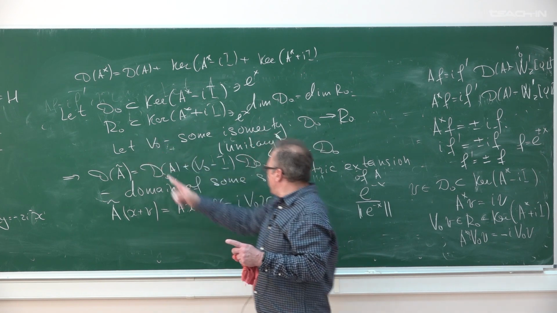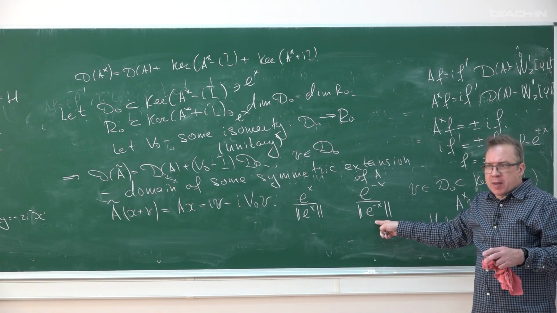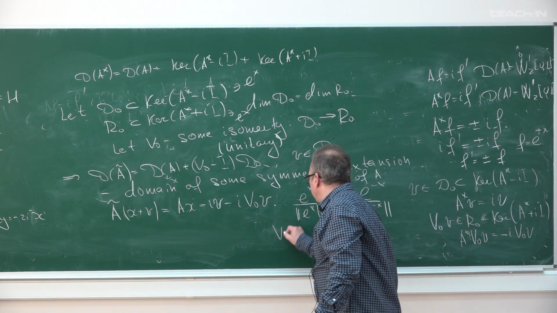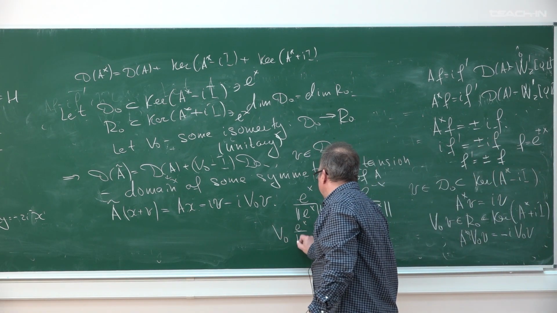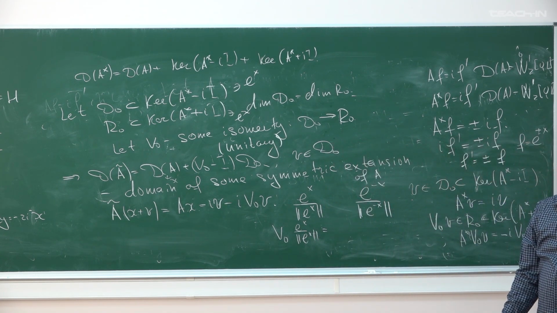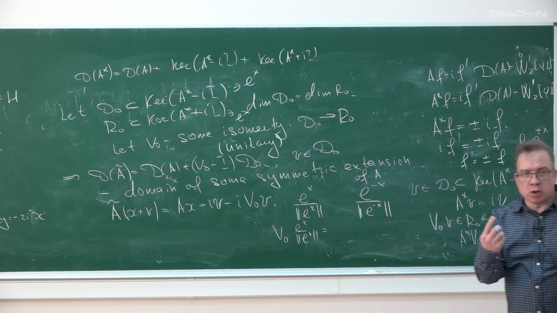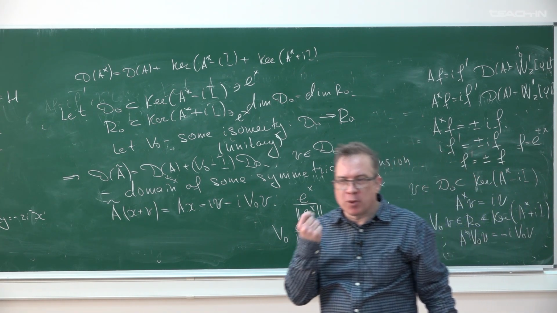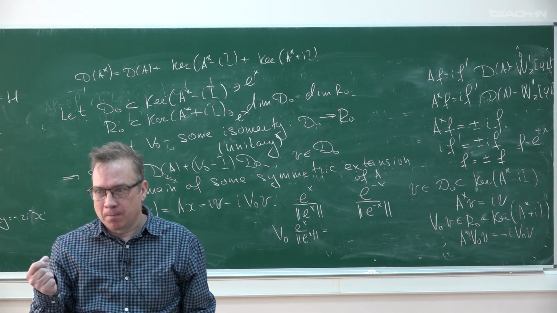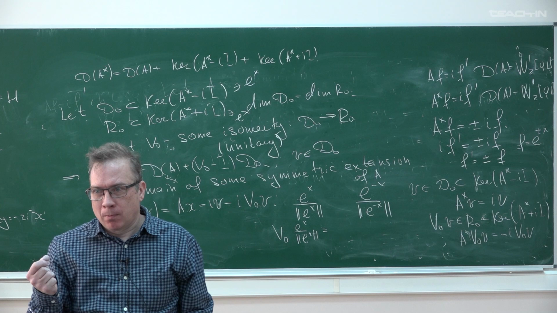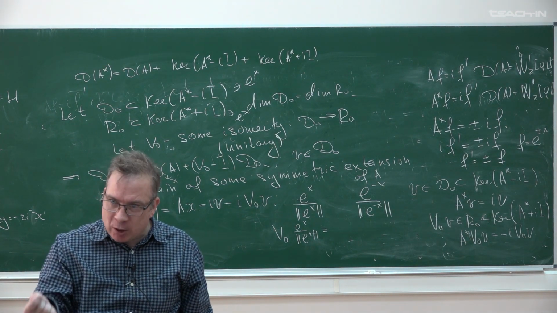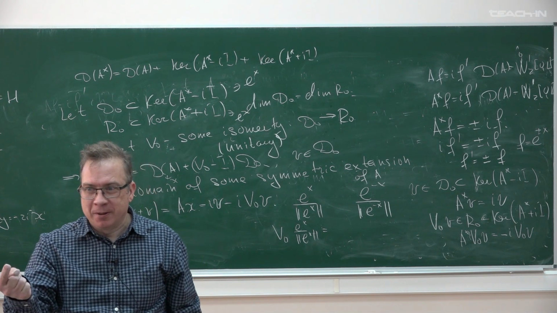Space R0 is the linear span of this vector. And they are normalized. How can you construct V0? In the one-dimensional situation, what is a unitary operator? Multiplication by a number with absolute value equal to 1.